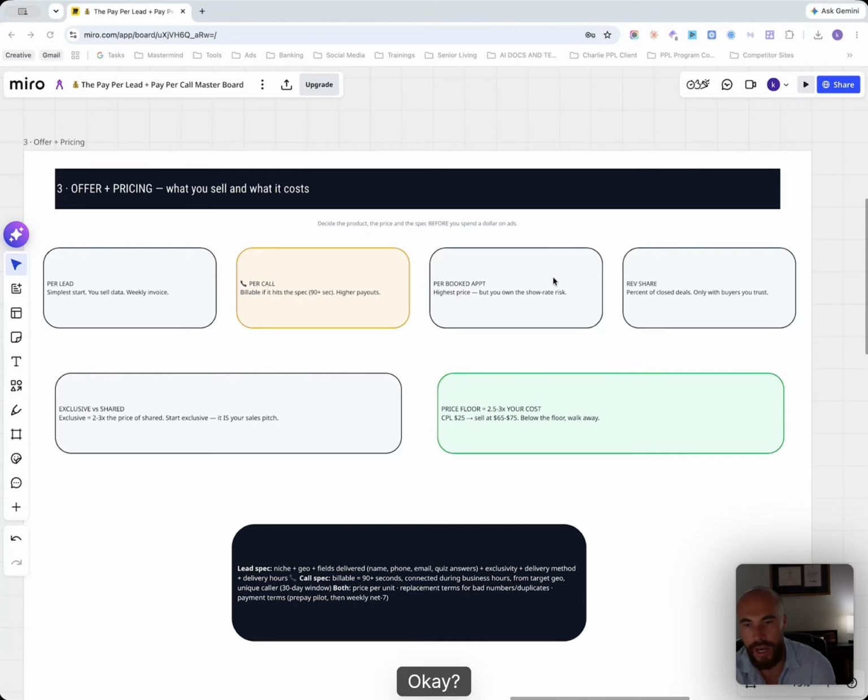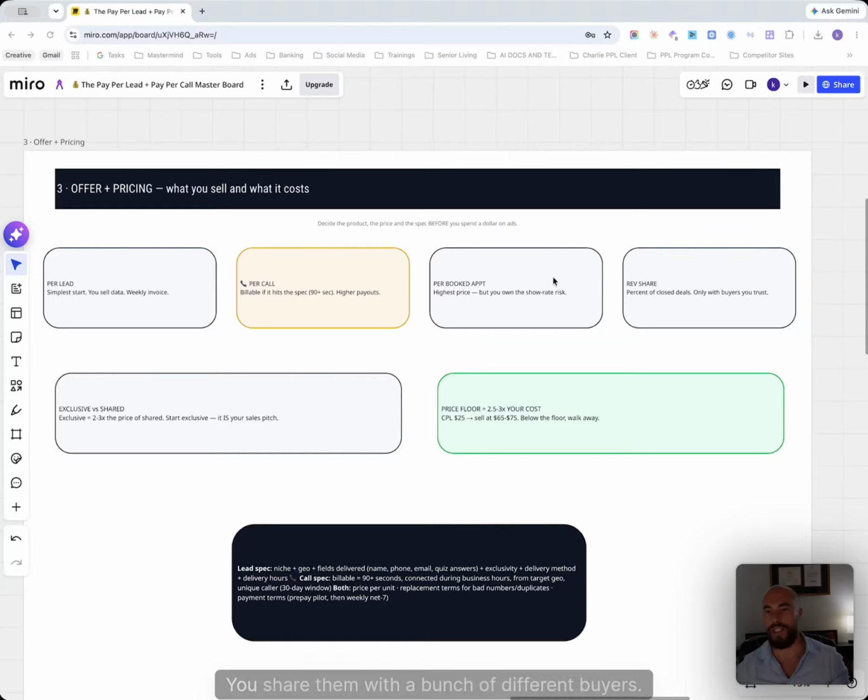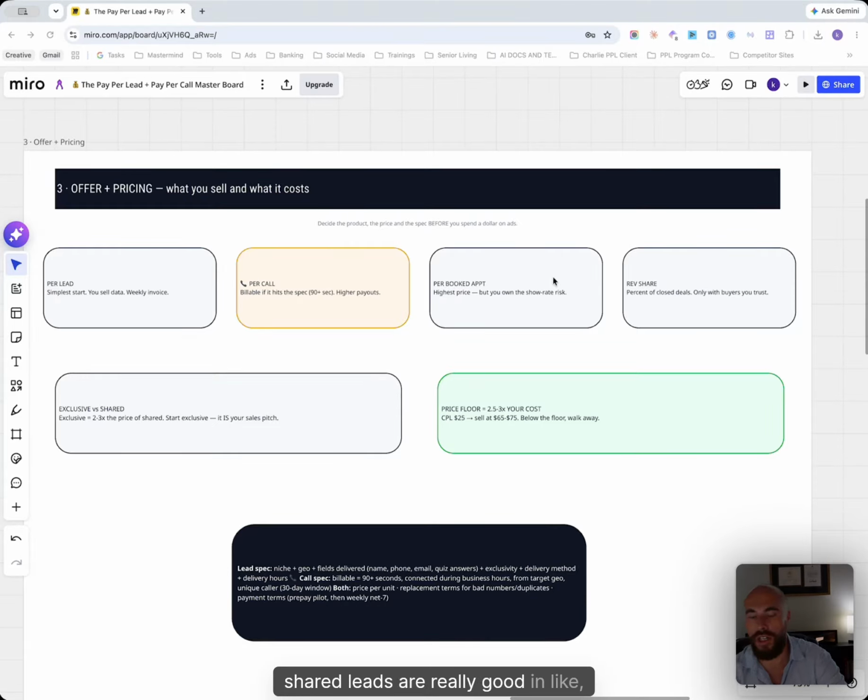So there's also part of this that's exclusive versus shared leads, okay? Exclusive leads are leads that belong to one buyer, and shared leads, you share them with a bunch of different buyers. But shared leads are really good in lending or insurance.